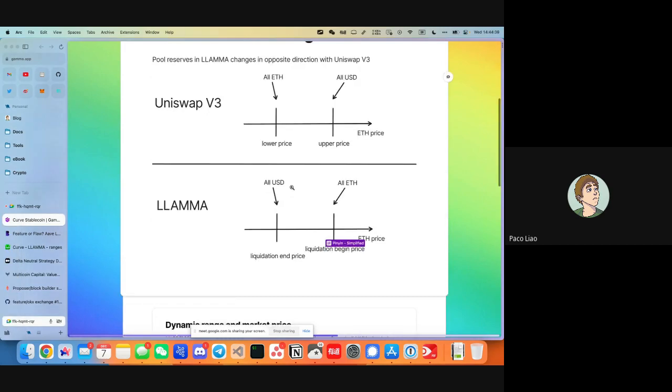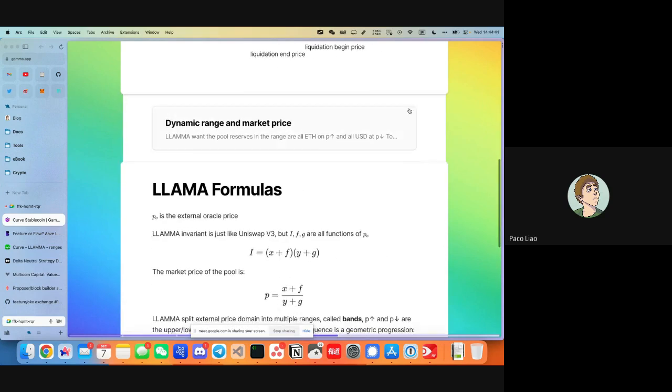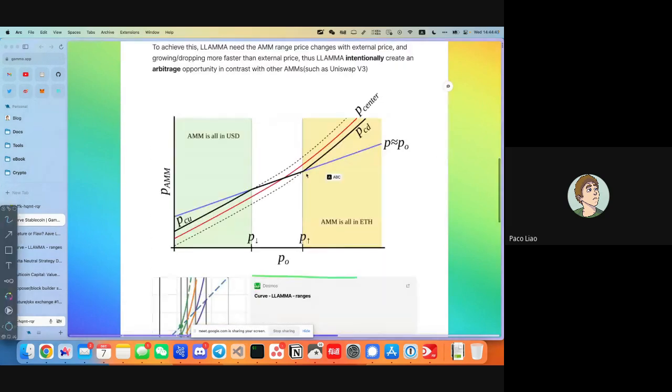So in this chart, I think, when the AMM price and external price are equal to P up, like this, all your tokens in the range will be ETH. So this ETH amount is Y0.